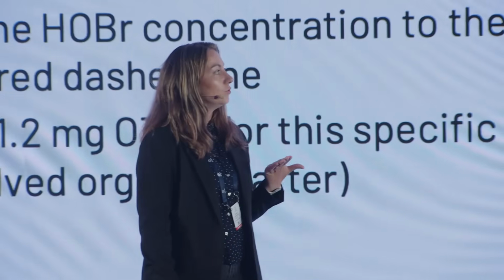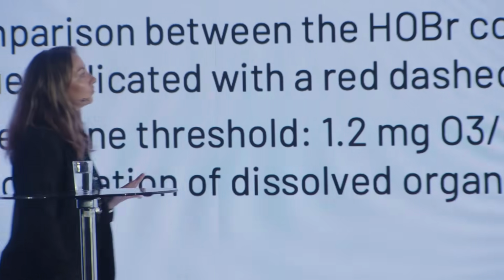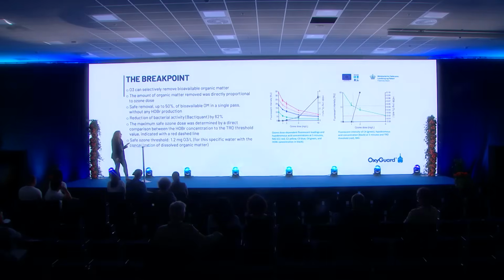Then we wanted to see what is the maximum safe ozone dose for this specific system, and to do that, we correlated it directly with the hypobromous concentration and the TRO threshold, which according to literature is 20 ppb.